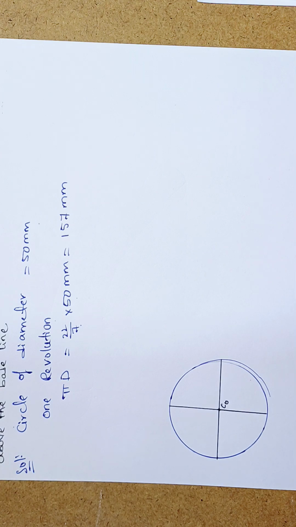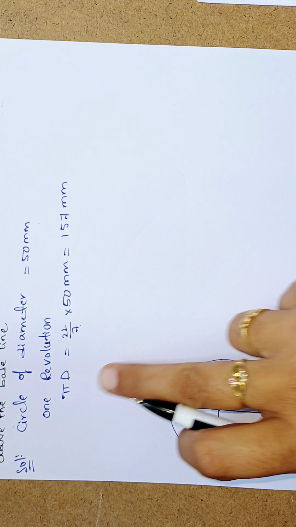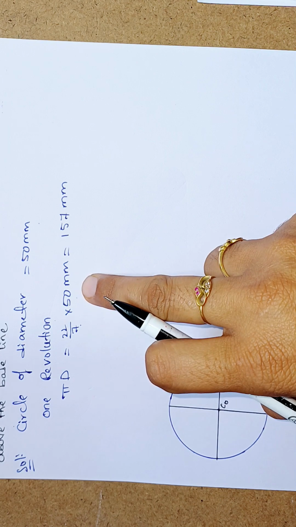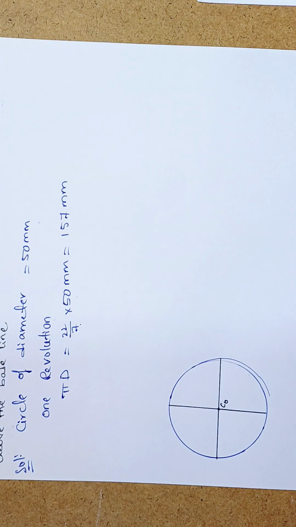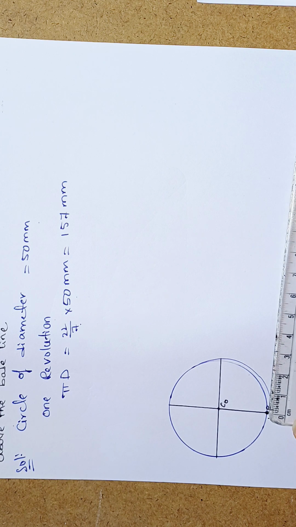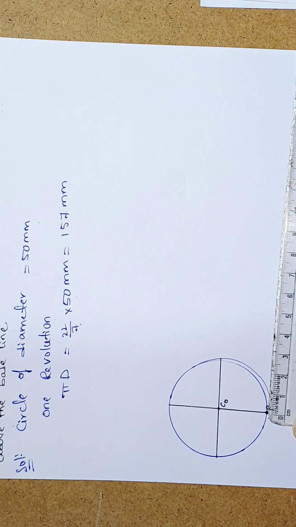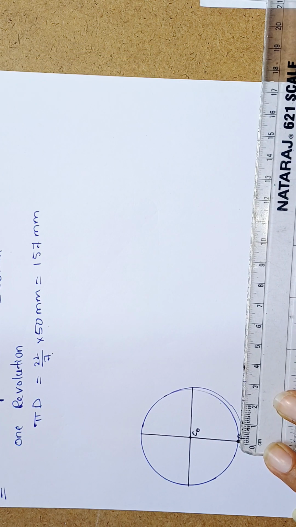Now, pi d is 22/7 into 50, that is 157 mm. Consider this as the point P, and from P to Q the distance is 157 mm, that is 15.7 cm.